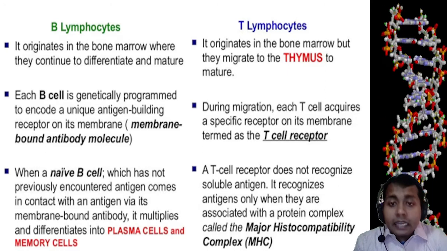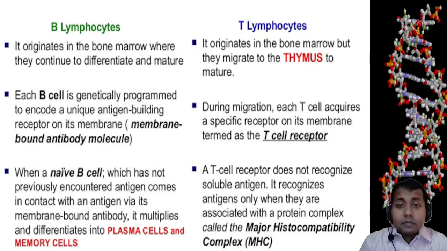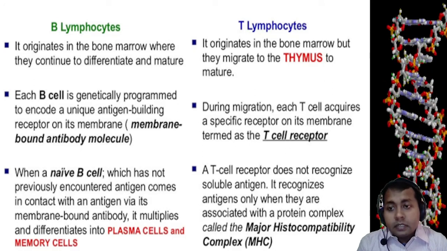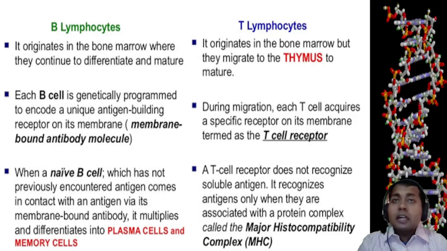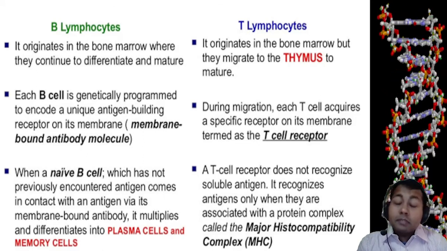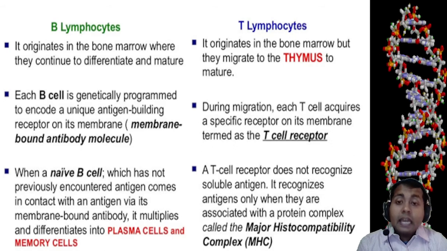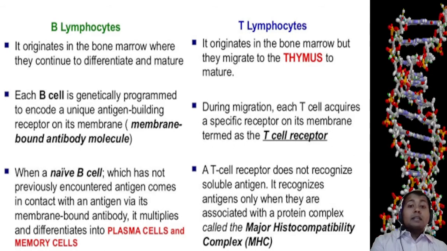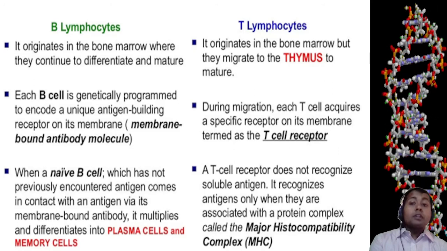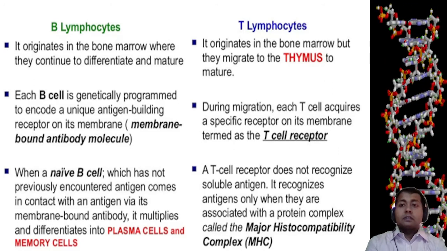On the other hand, the T cell has a specific receptor in its membrane termed the T cell receptor. B cells can produce antibodies, which are produced by the plasma cell. Plasma cell is a differentiated type of B cell, and the B cell can also give rise to memory cells. Whereas T cell can only recognize antigen if it is bound to major histocompatibility complex.